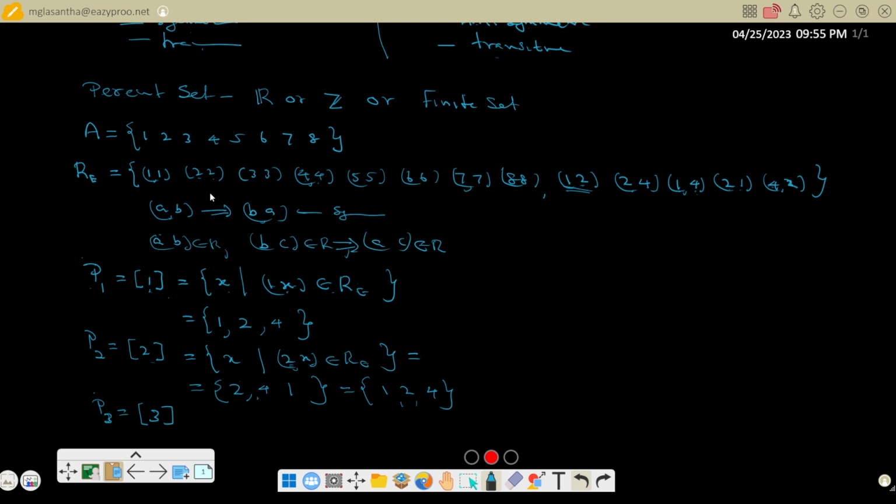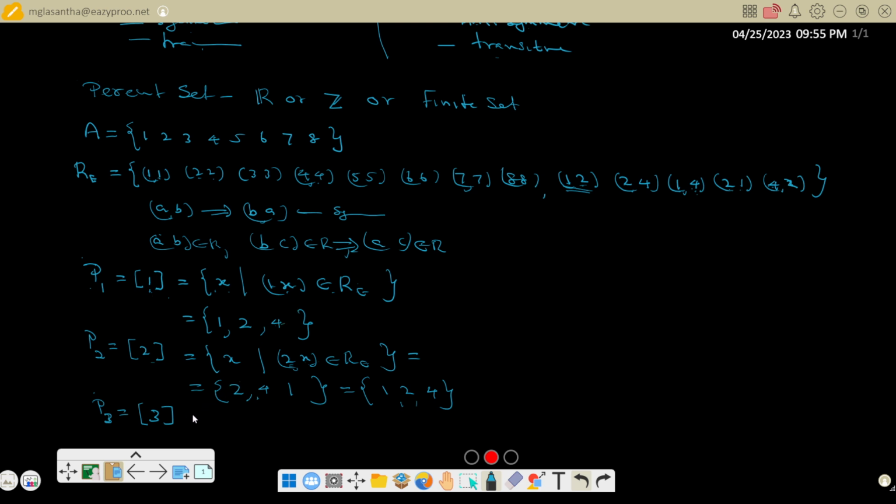Now, for example, (1,1) belongs to R. Then 1 is taken to this set. Now (1,2) belongs to R, then 2 belongs to this set. (1,4) belongs to R, then 4 is taken to this set.